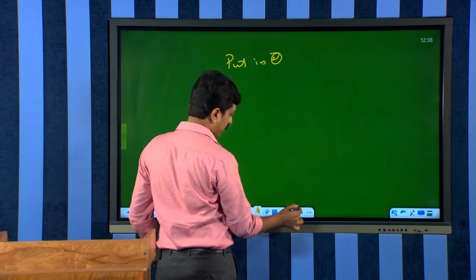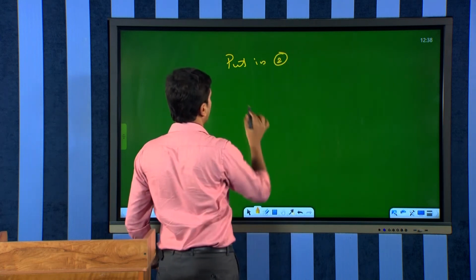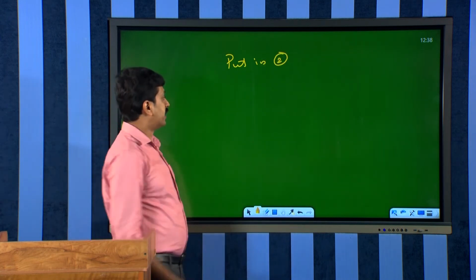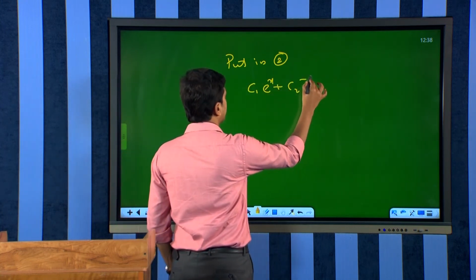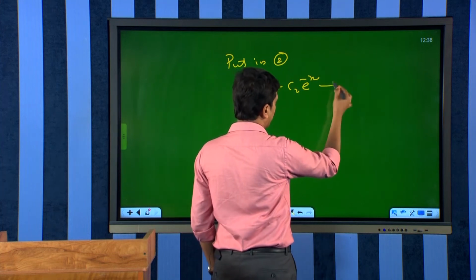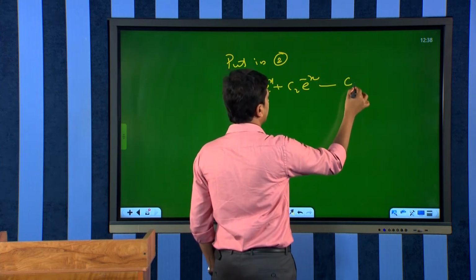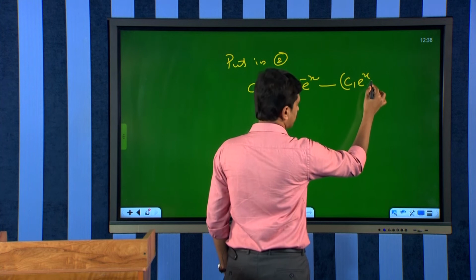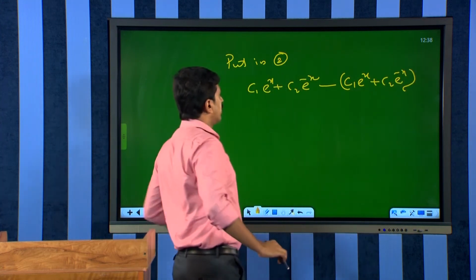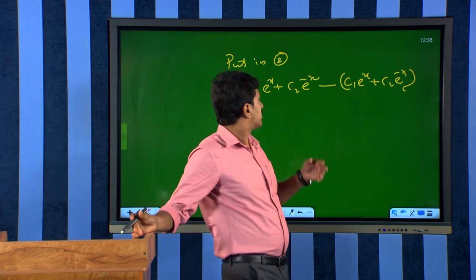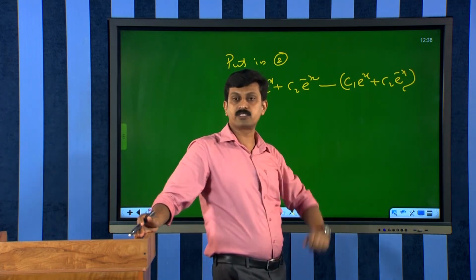So, putting in 2, we have y double dash, that is C1 e raised to x plus C2 e raised to minus x, minus y, that is again C1 e raised to x plus C2 e raised to minus x. Okay, C1 e raised to x minus C1 e raised to x, and C2 e raised to minus x minus C2 e raised to minus x.